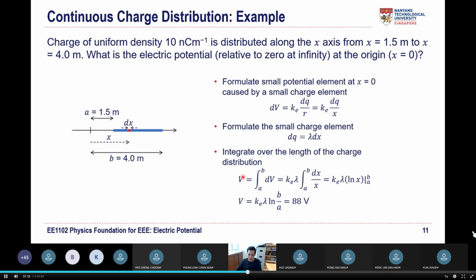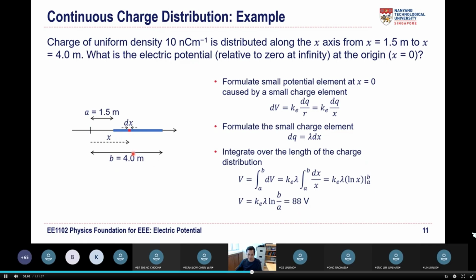Then you can substitute that in here, and you get ke lambda dx over x. Now, in order to calculate the electric potential at this point, you have to integrate the dV over x from 1.5 to 4, so from A to B. Substituting that in and taking the integral from A to B, after the integration with the limits from A to B, you get 88 volts.